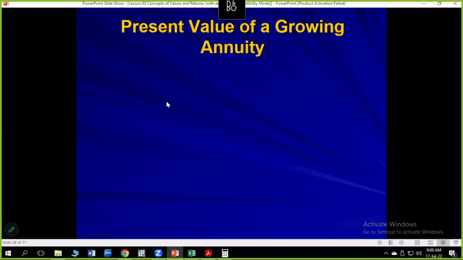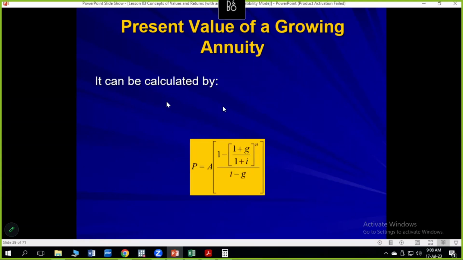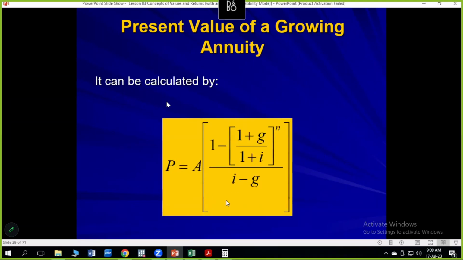Uneven cash flow is different from the growing annuity. You can understand that there is a pattern in the growing annuity, that is the growth rate. But in the uneven cash flows, it is not that. Randomly, the amount would be different. So it is calculated using this formula.